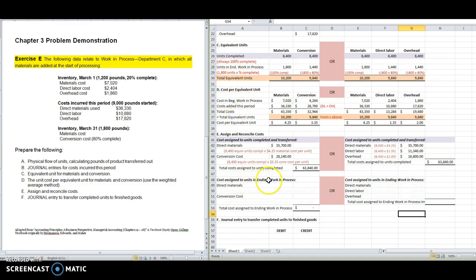Now we need to do the cost assigned to ending work in process. And to do that, from the equivalent unit section, we're going to use the units in ending work in process.